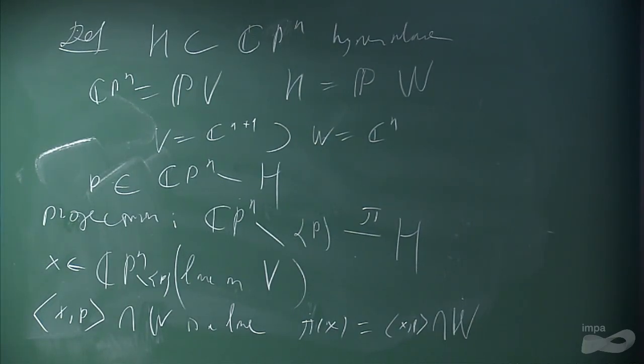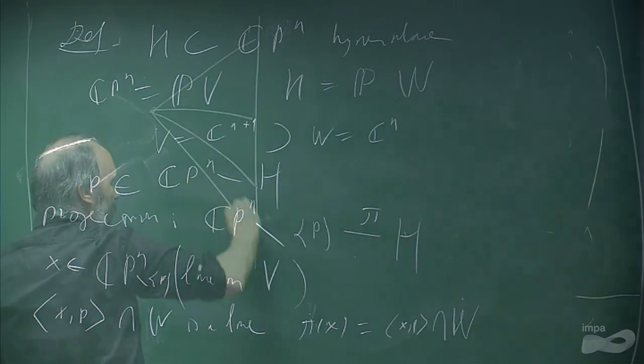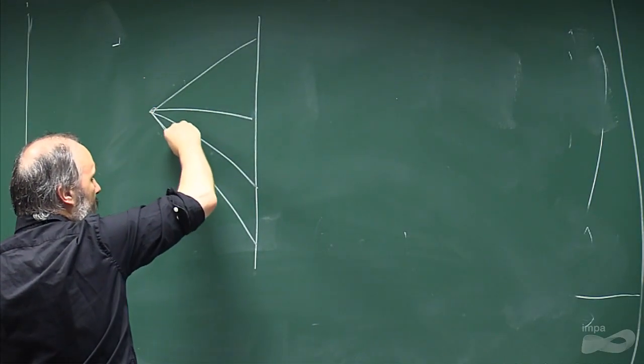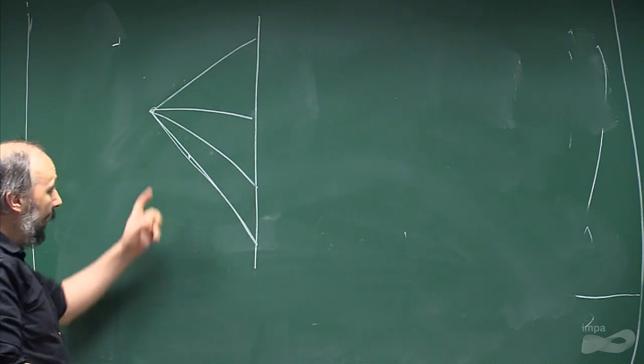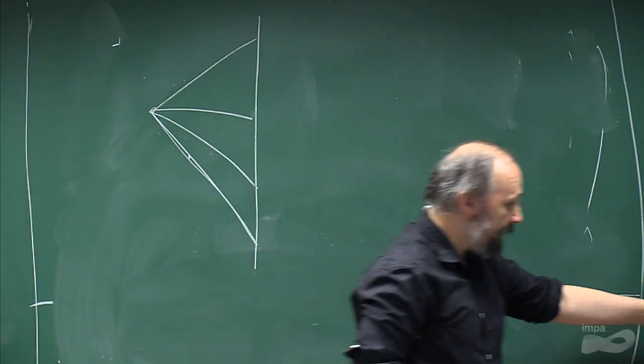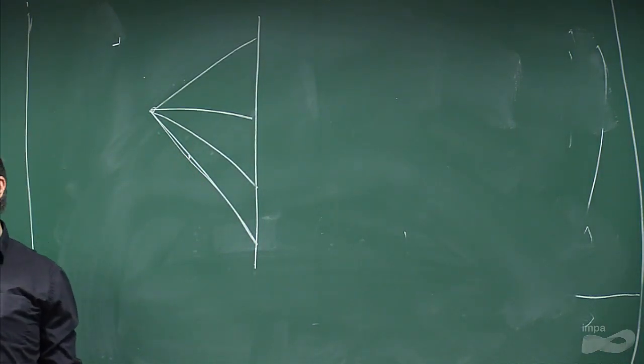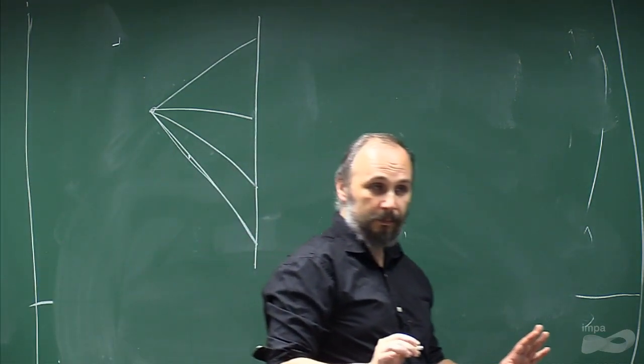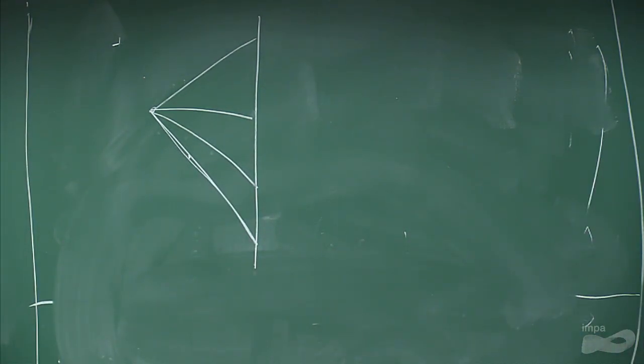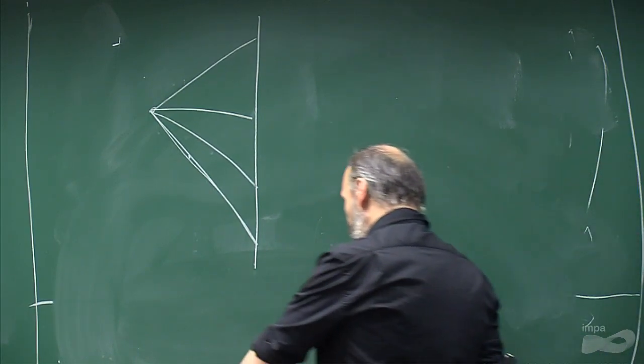This is because, say, you have a point, and you can think of it as an infinite plane or something. For each other point, you connect these two points by CP1, because projectivization of this is CP1, and you intersect this CP1 with this hyperplane. This is why it is projection. Make clear? And this map is regular because you can write it explicitly.